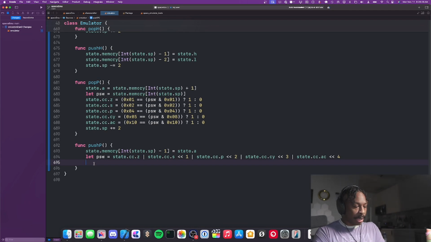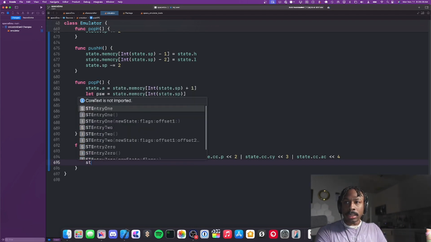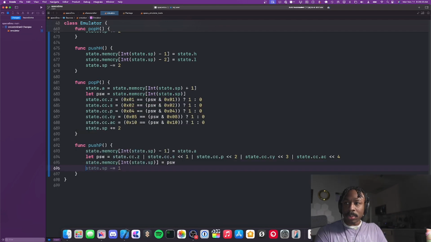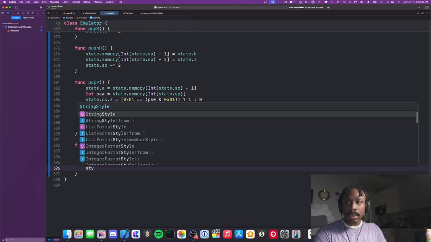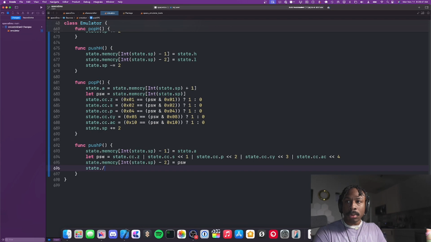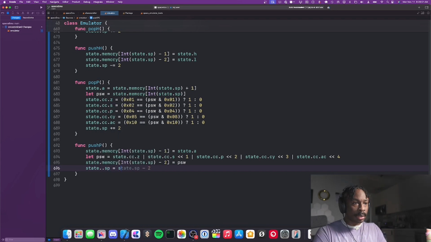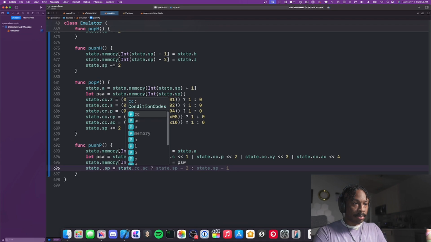Okay, and then the next step is we set the memory. We set whatever's 2 below the stack pointer to the PSW, and then we set the stack pointer equal to the stack pointer minus 2.